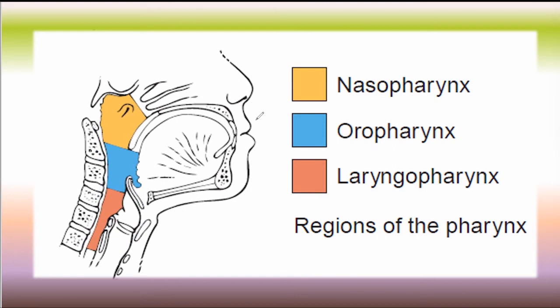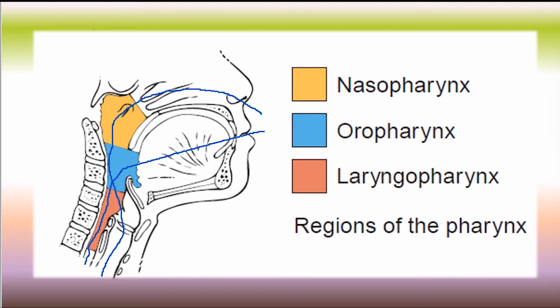So mainly air coming from the nose passes through these three parts, then goes to the trachea. But food coming from the mouth passes through the oral part, and then goes behind the larynx to the digestive system, like this way.